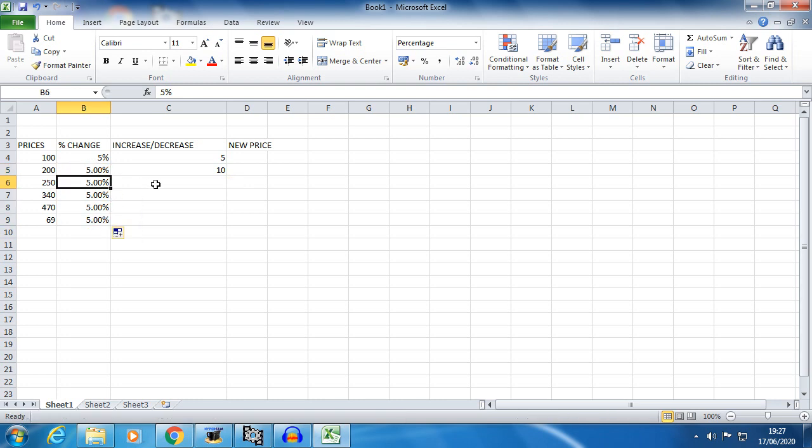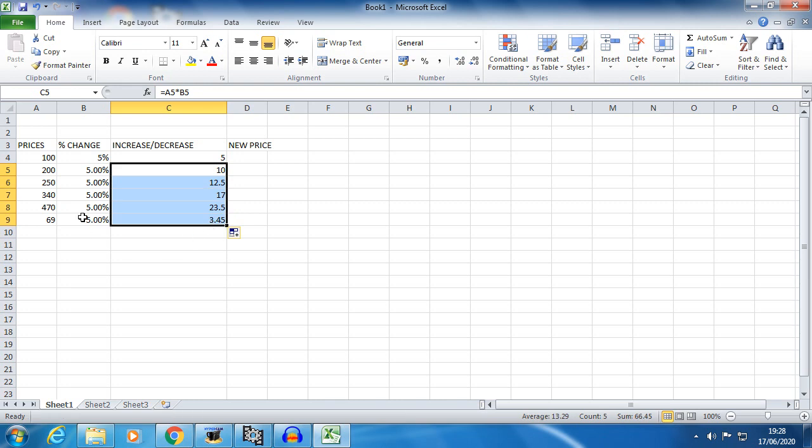So can you guess what 5% of 250 is? Well, if we know that 5% of 100 is 5, 5% of 50 must be 2.5. So the answer must be 12.5, I would guess. So let's try it. And we can do all the other ones as well.